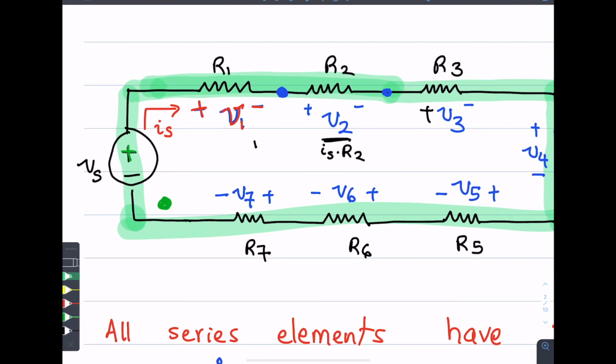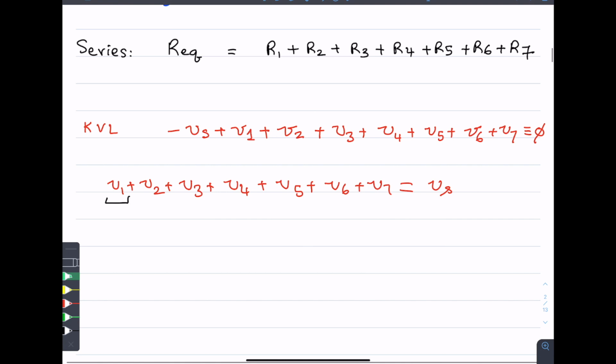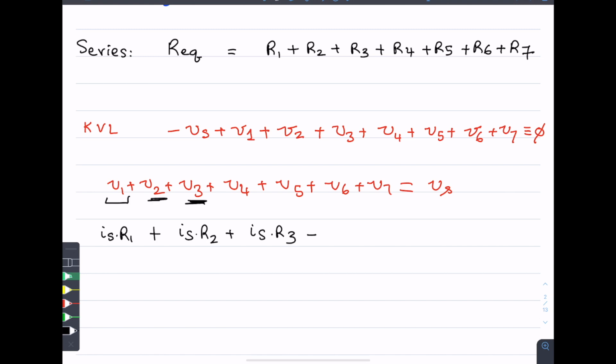Okay, so if I plug that in, let's see what happens. V1, I'm going to write it as Is times R1 using Ohm's law, plus Is times R2, plus Is times R3, that is for V3, and then V4 is really Is R4, plus and so on, all of that equals Vs, right?